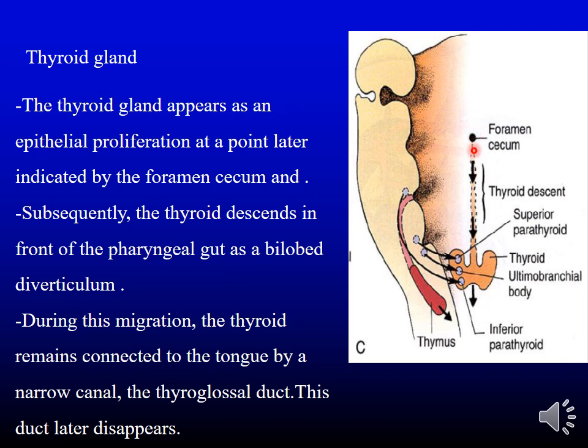Then subsequently, the thyroid descends in front of the pharyngeal gut as a bilobed diverticulum, and during this migration, the thyroid remains connected to the tongue by a narrow canal, the thyroglossal duct. This duct will disappear later.